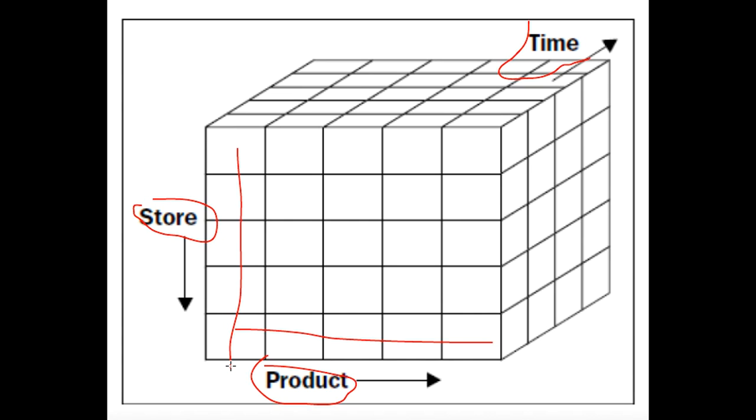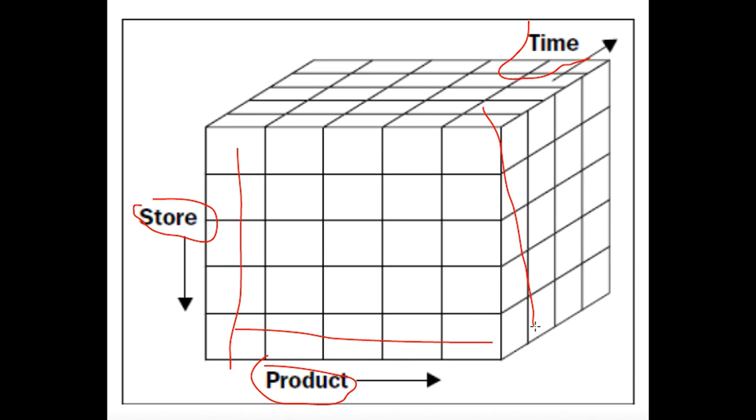Finally, think of the depth of the cube as the time dimension. Any piece of information in rows and columns at the same depth represents the same point in time. The intersection of these three dimensions locates a single individual cube in the big cube, and that represents the major amount we are interested in.